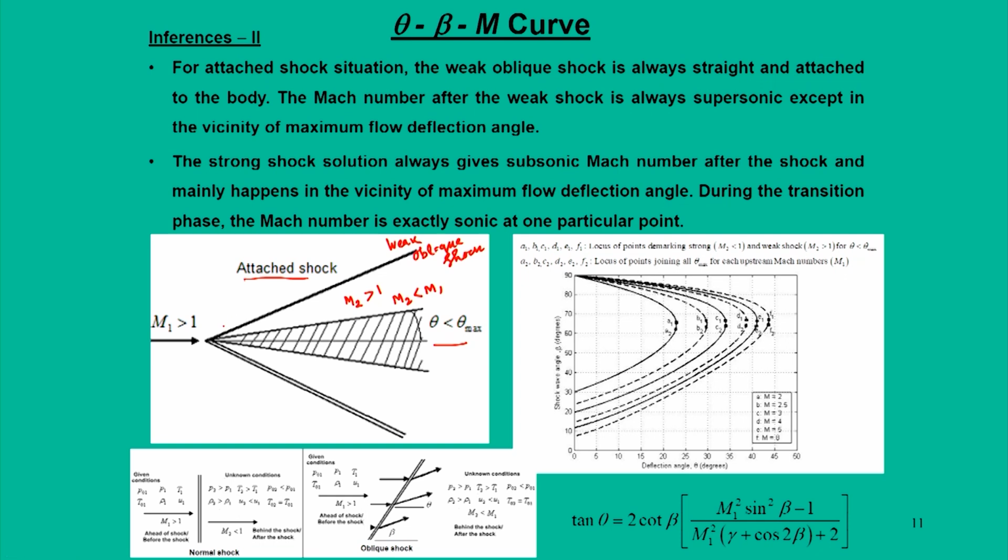Now, when we have a strong shock solution for the same M1 and same theta, in our last example for M1 is equal to 2.5, theta is equal to 20 degree, beta max turns out to be 80 degree, which is here.